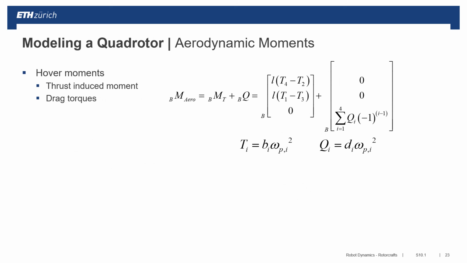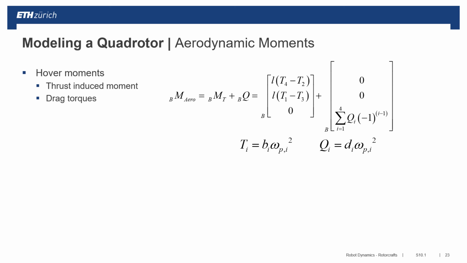As a second element, we have the hover moments. They are composed of two elements. First, we have the thrust-induced moments, which are the moments induced by the thrust forces along the roll and pitch axis. The second element is the drag torque, which generates a torque around the Z axis, and it's just the sum of all the individual torques of the propellers.